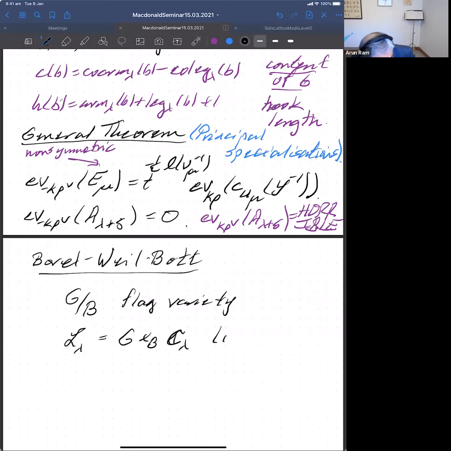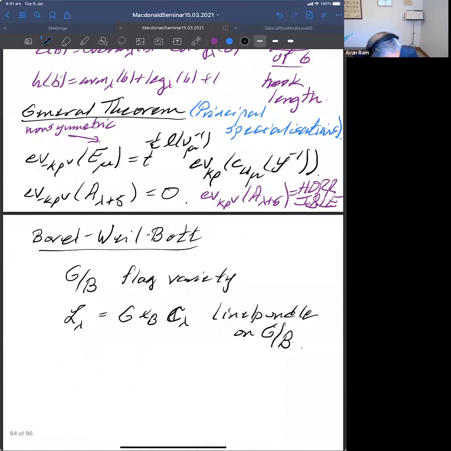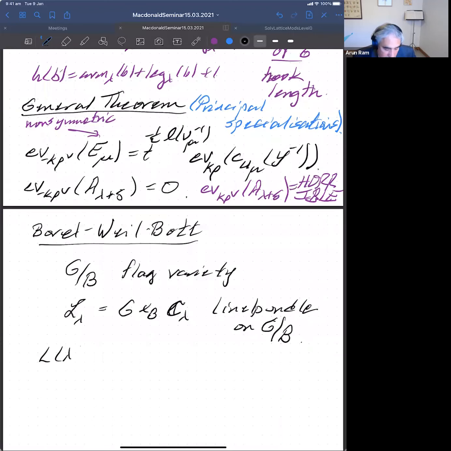So it's a line bundle on G mod B. And Borel-Weil-Bott says that L of lambda, the irreducible representation which we are computing the dimension of, so I'm not going too far away, it may seem, is the global sections of this line bundle.